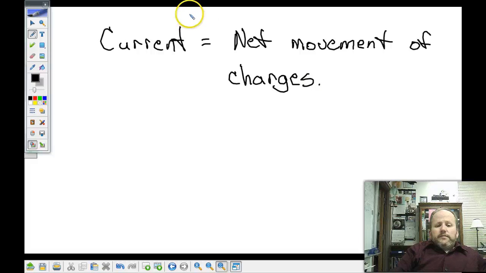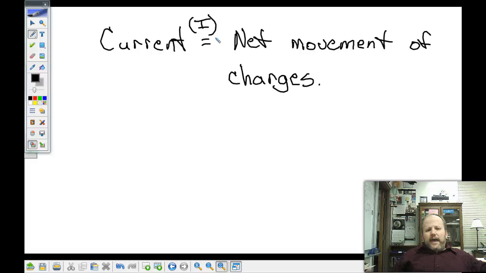And we need to back up. The abbreviation for current is the letter I. C is used for so many other things, like the speed of light and calories, that we don't abbreviate current with the C, we use the letter I.